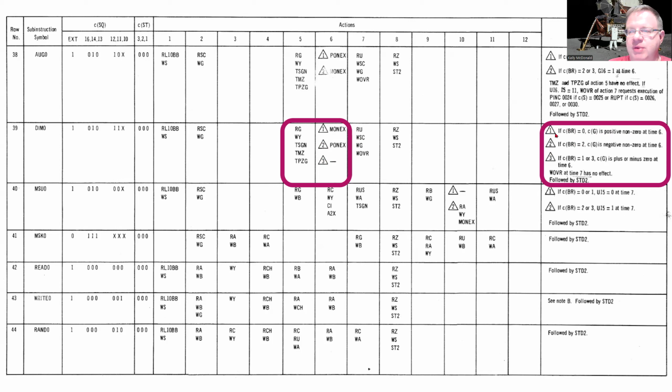So triangle 1 is if BR0. If you look at it, there are two branch flags, or a register that's 2 bits. If it's 2 bits, that gives us the options of 0, 1, 2, and 3. That's the 4 different options that we can have within those 2 bits.